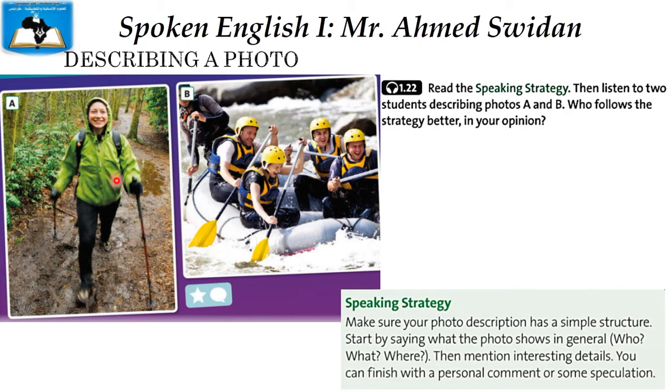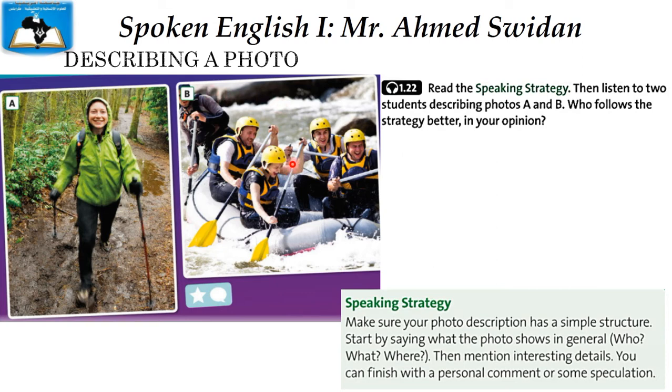She's holding a pole in each hand, and she's wearing a rucksack, I think. At the bottom of the picture you can see that it's a really muddy path, but the woman doesn't look worried. She seems to be having a good time. Thank you.